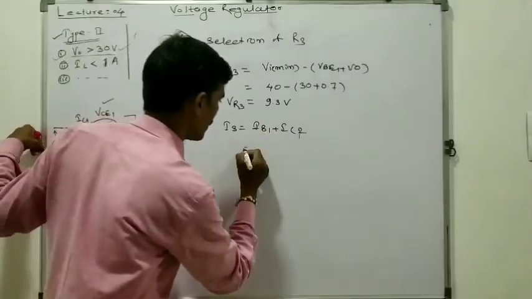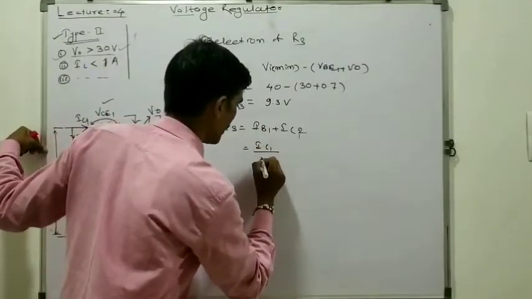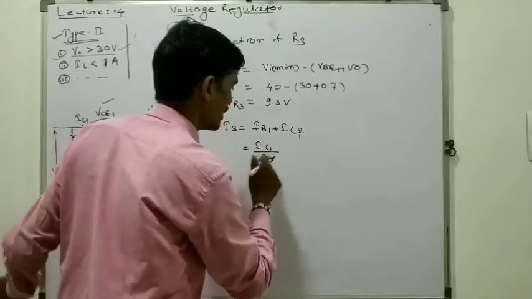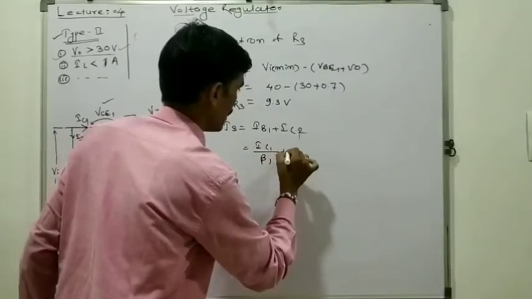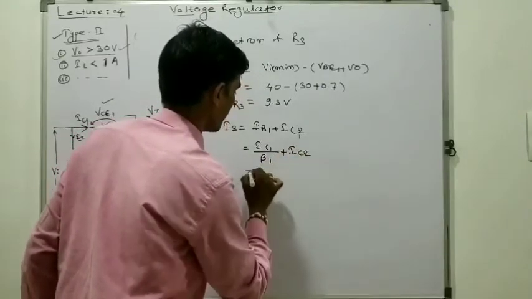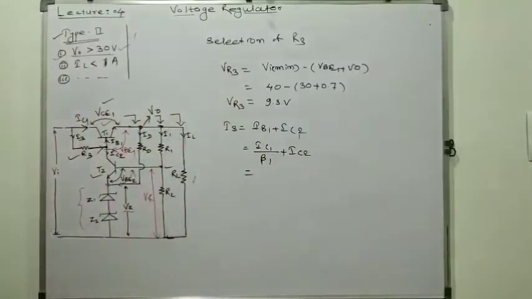So this is IC1 divided by beta1, or HFE1, plus IC2. We already calculated the value of IC1. What is the value of IC1? IC1 is equal to 1020 milliampere.